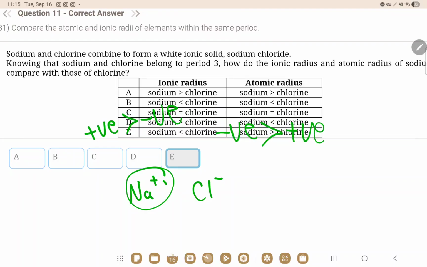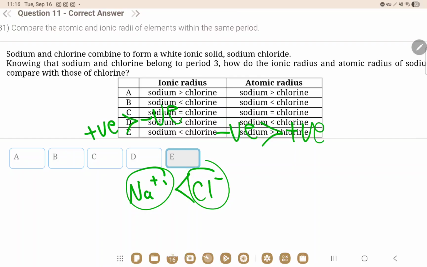So if you have a greater negative than positive, it's going to be bigger, because the negative is the electron shell. If it doesn't have anything pulling it closer to the nucleus, aka the protons, it doesn't have anything holding it from being big. So Cl is bigger because in Na, the protons are pulling in the electron shells.